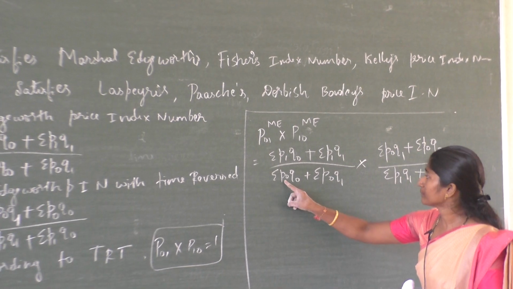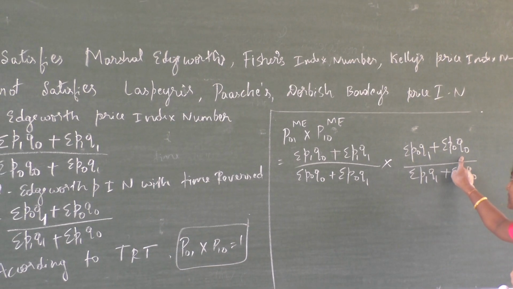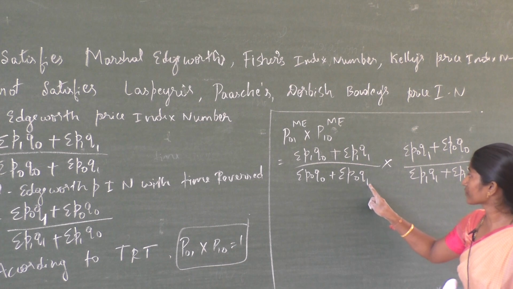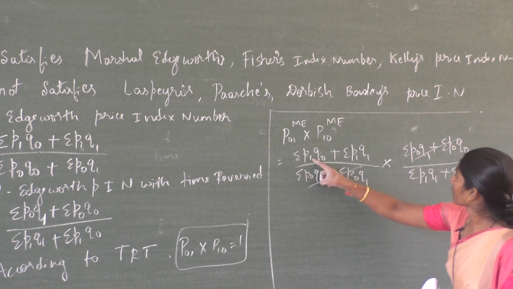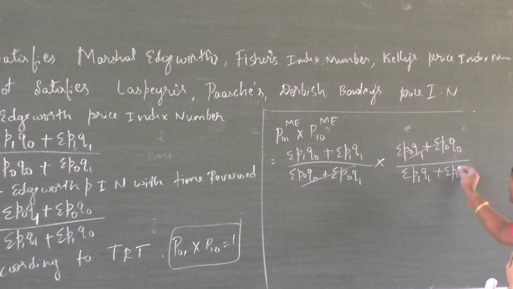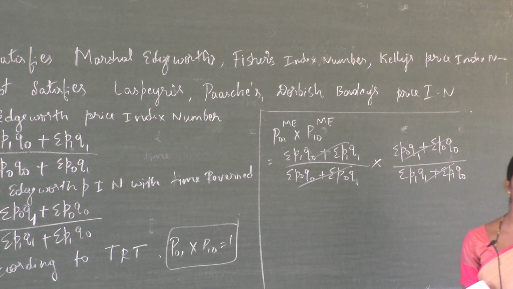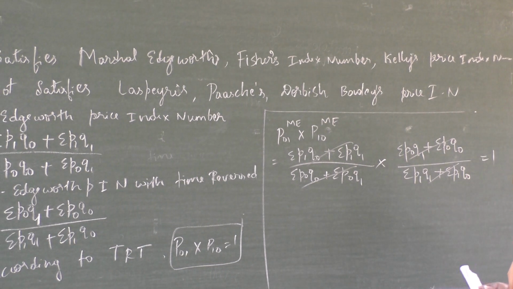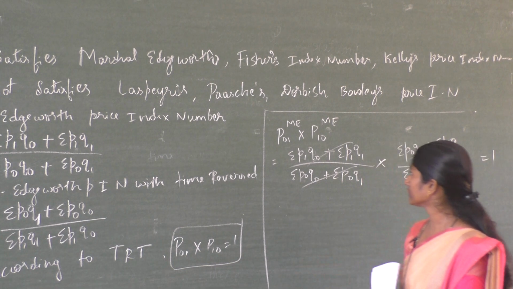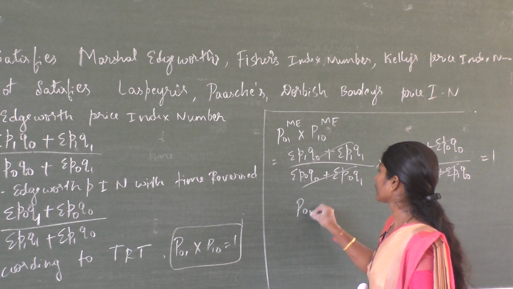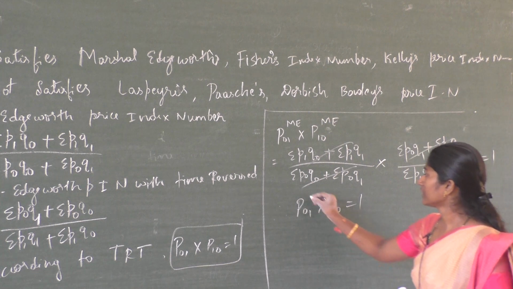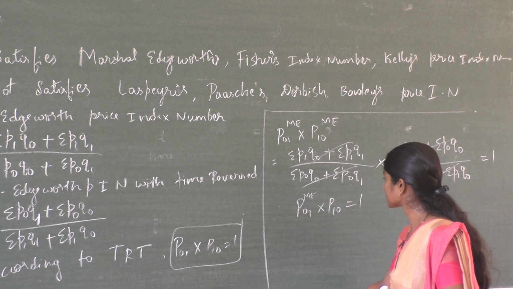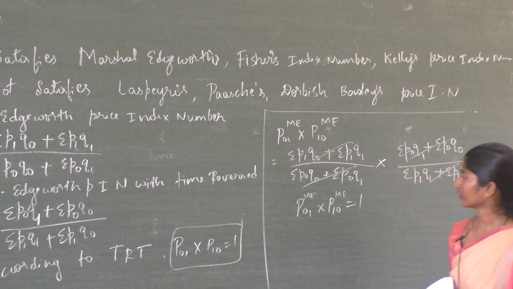Now observe here, P0 Q0, here also P0 Q0, and here plus P0 Q1, therefore we cancel this one. Next, here 1 and 0, here also we can cancel. What is our answer? That is equal to 1. We got our answer, equal to 1. Therefore what have we proved? We have proved that P01 of Marshall-Edgeworth into P10 of Marshall-Edgeworth is equal to 1.